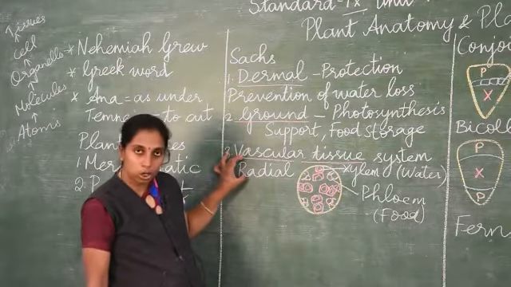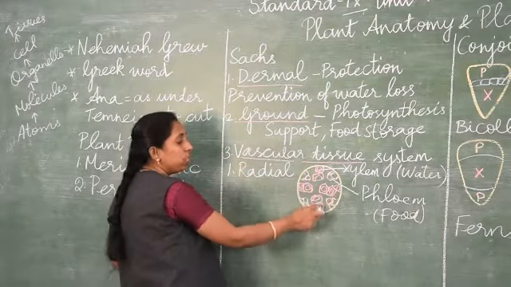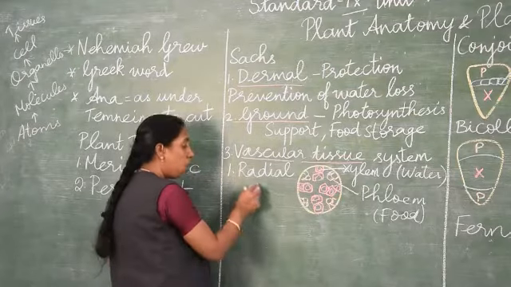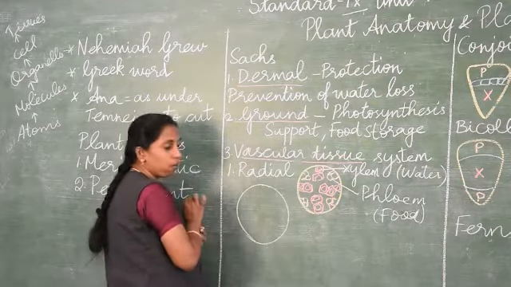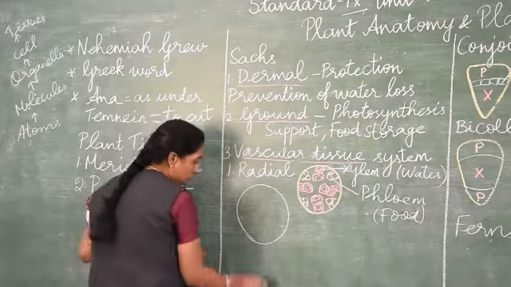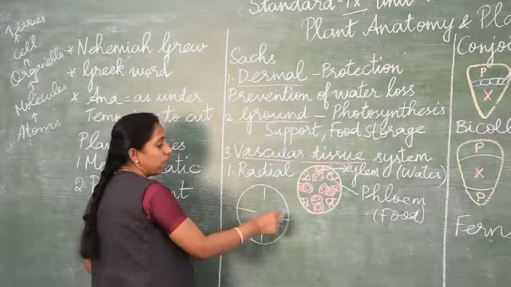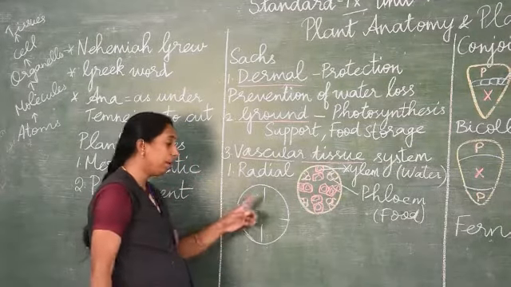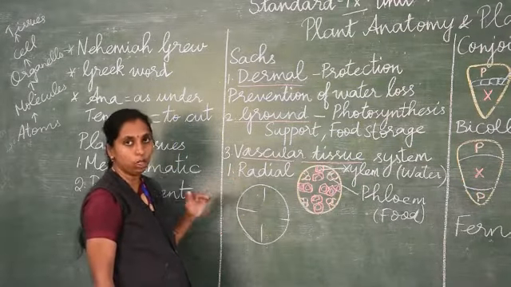Radial vascular tissue system means the xylem and phloem are arranged on different radii. Suppose this is a vascular tissue system, here one radius, here one radius, here one radius. So xylem and phloem arranged on different radii is called the radial vascular tissue system.